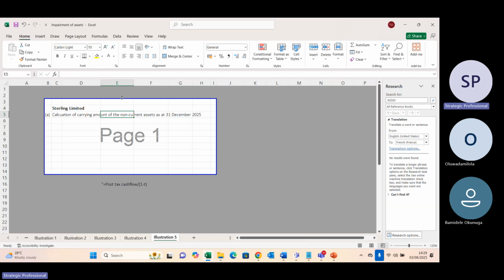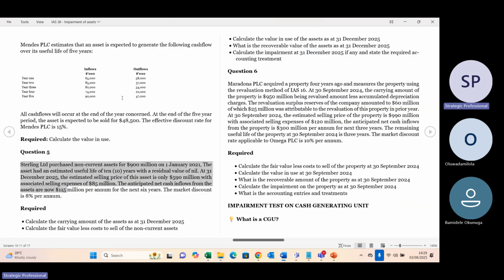Anything you see in a textbook might want to confuse you, but it is just cost less depreciation, less impairment loss or amortization. So now let's apply that understanding to this scenario. In this scenario, the company bought the asset in 2021.